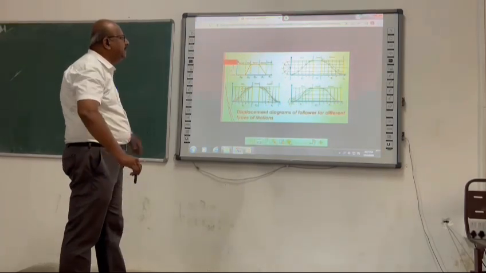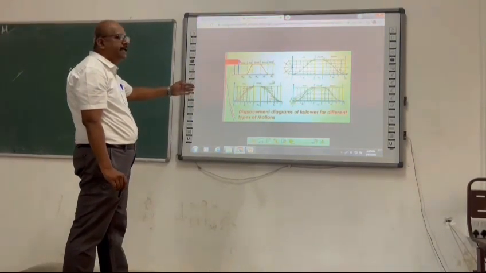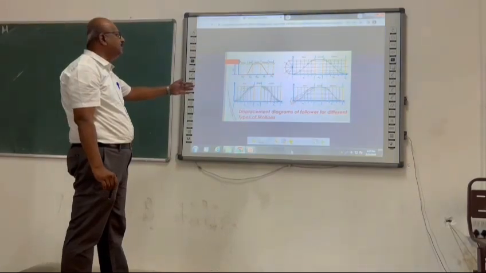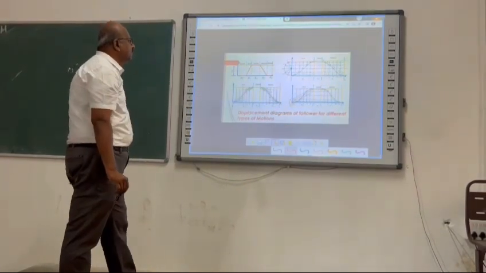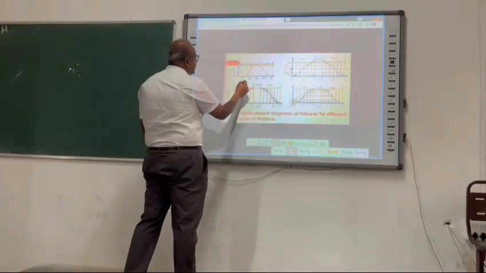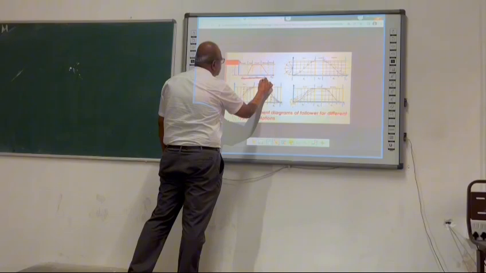Now, let us see the different kinds of displacement diagram available for the different kinds of follower motion. First one is the uniform velocity motion.